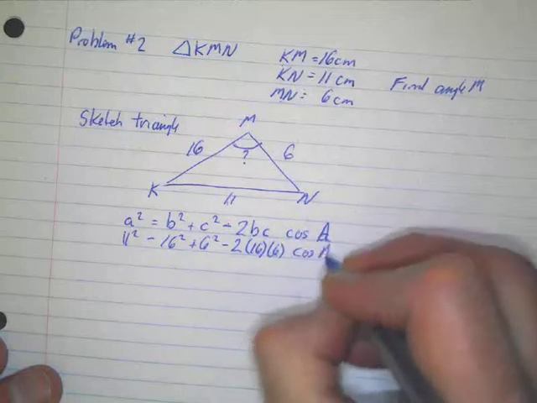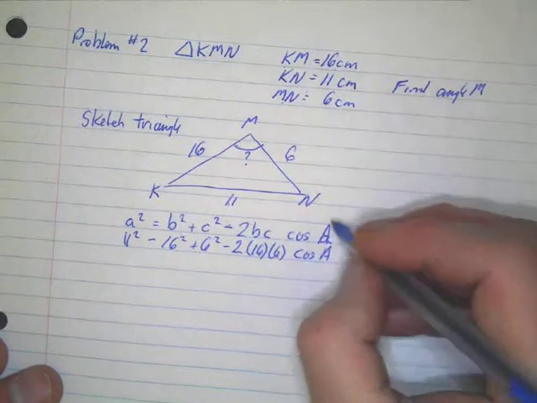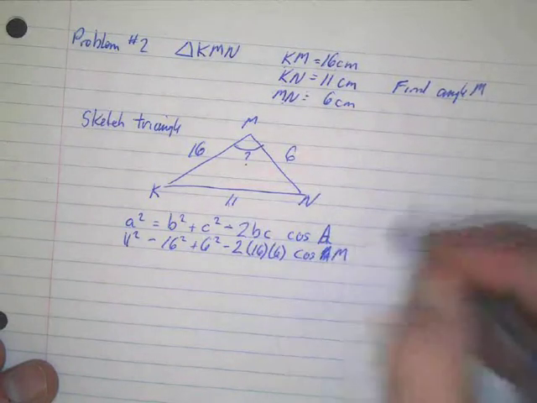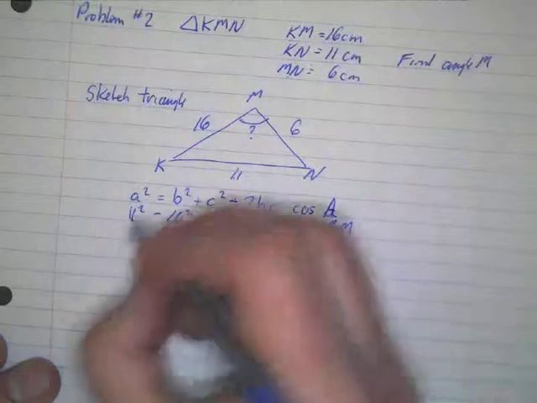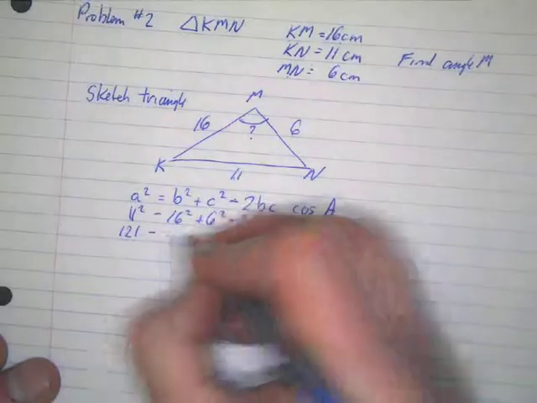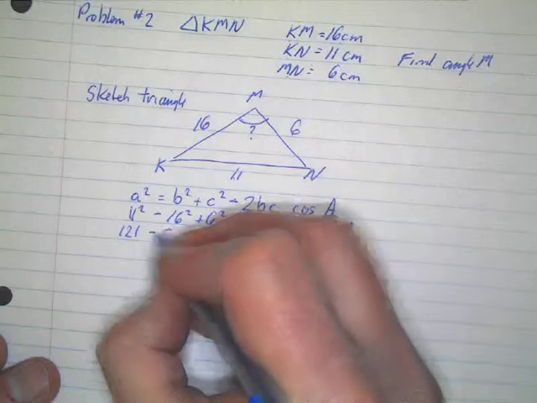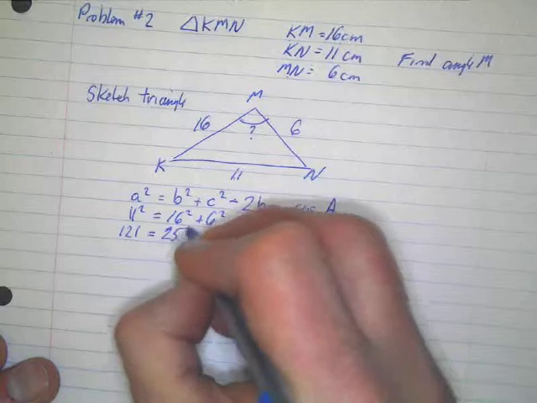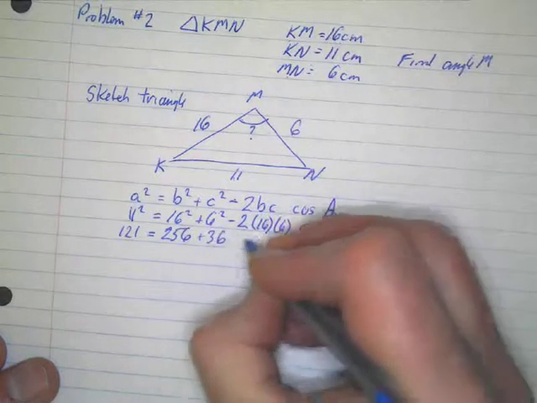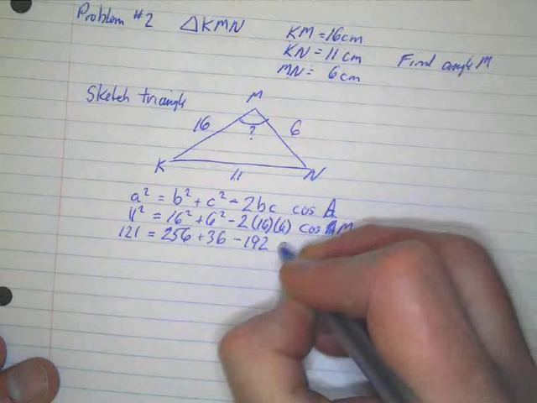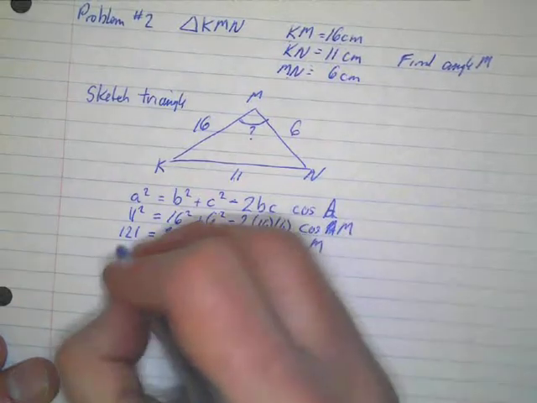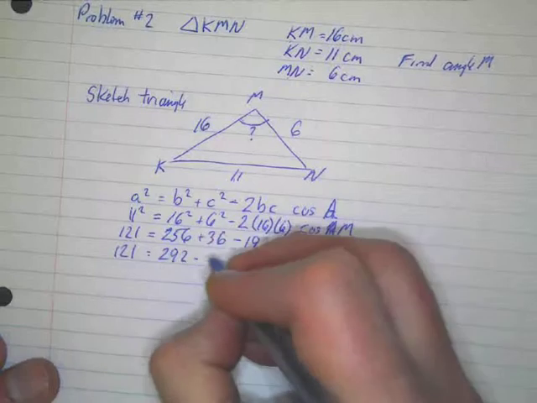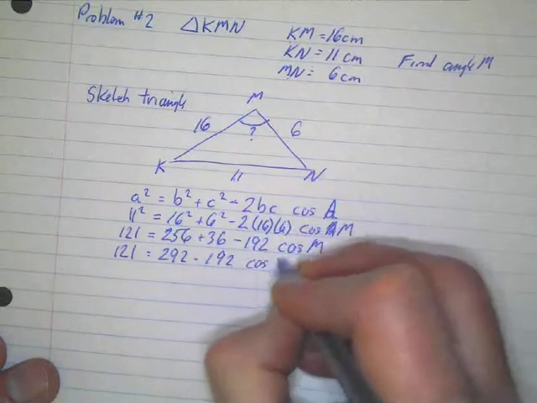And we do not know what cos A is because that is going to be our M. So we can actually switch that to cos M now. 11 squared is 121, is equal to 256 plus 36 minus 192 times cos M. 121 is equal to 292 minus 192 cos M.